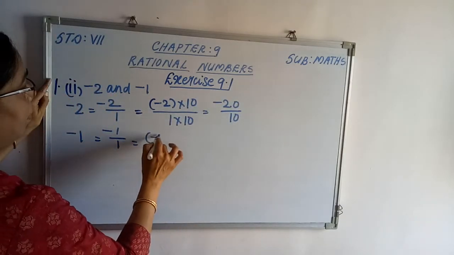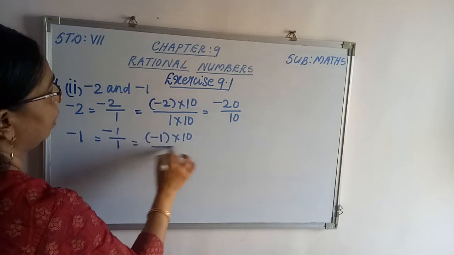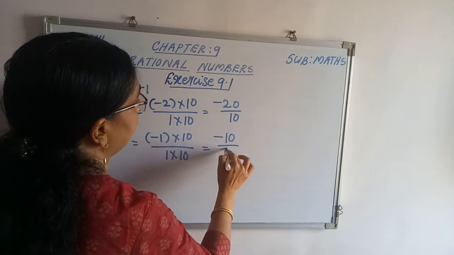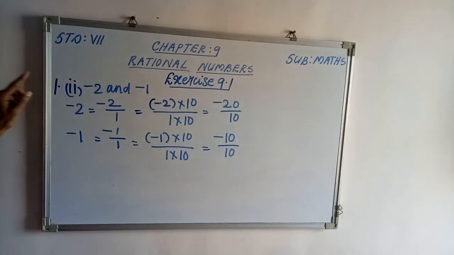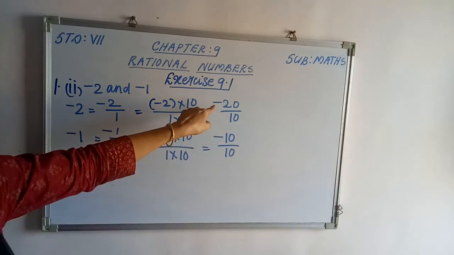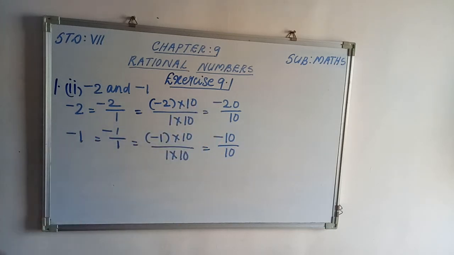This also, minus 1 into 10 upon 1 into 10. We get minus 10 upon 10. So now we have to find out, since the denominator is the same, 5 rational numbers between minus 20 and minus 10.